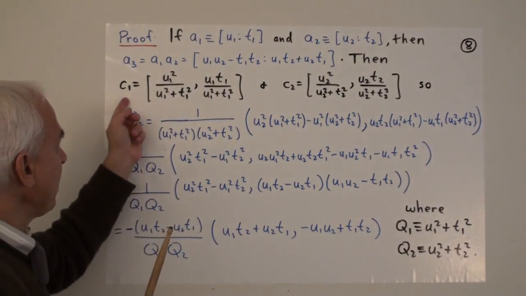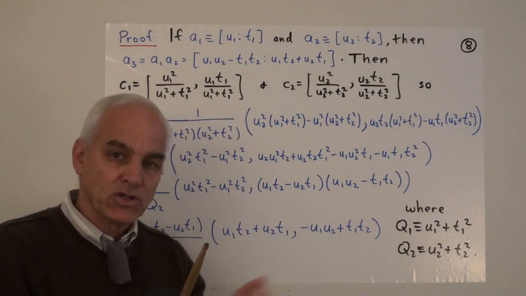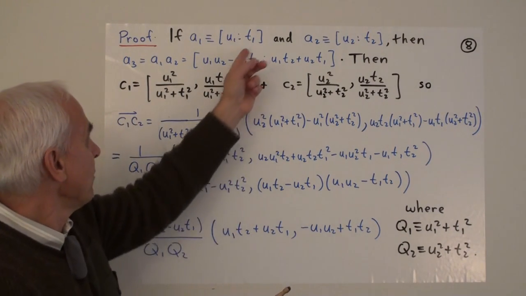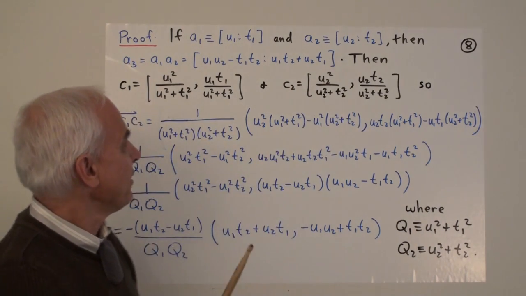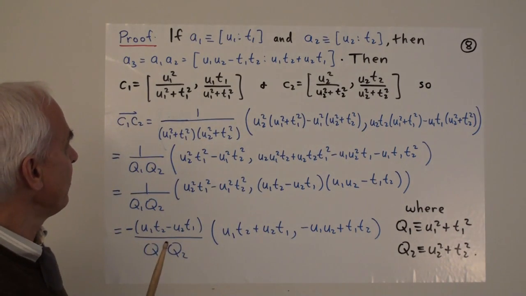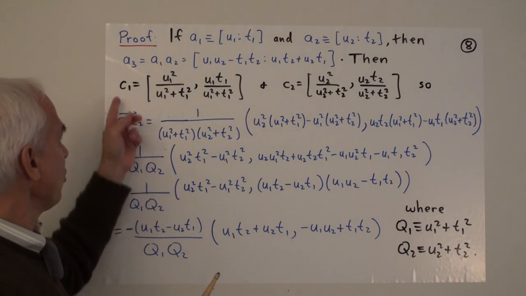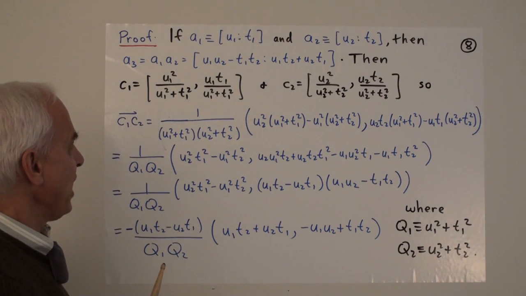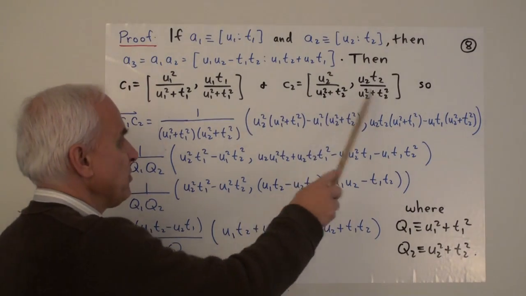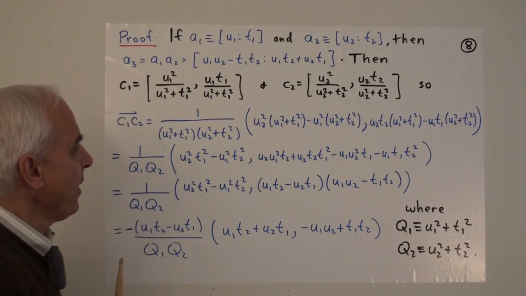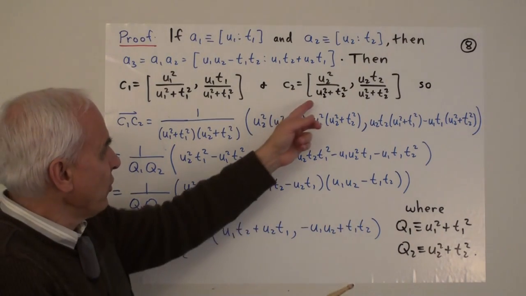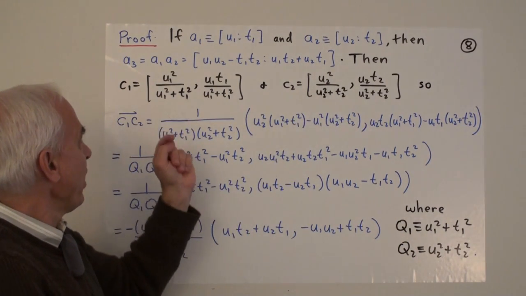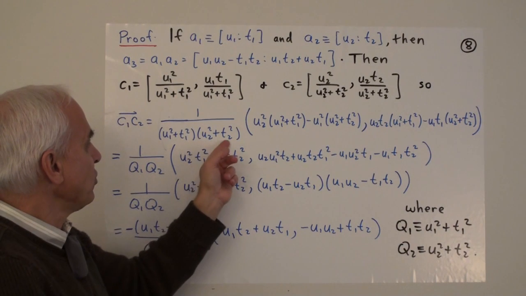Okay, the corresponding points on the core circle, there they are there. We've seen that several times already. There's the C1 and there's the C2. So to find the vector joining these, we have to take the difference between the coordinates. And that difference will involve a common factor of this denominator, U1 squared plus T1 squared, U2 squared plus T2 squared.